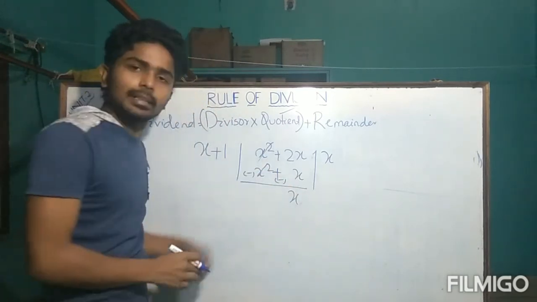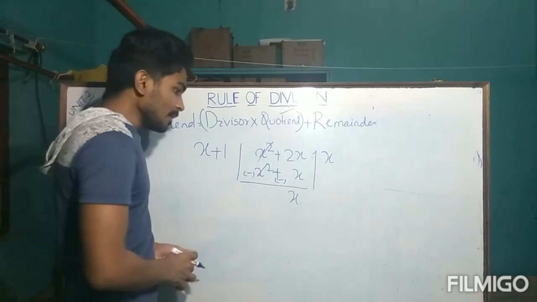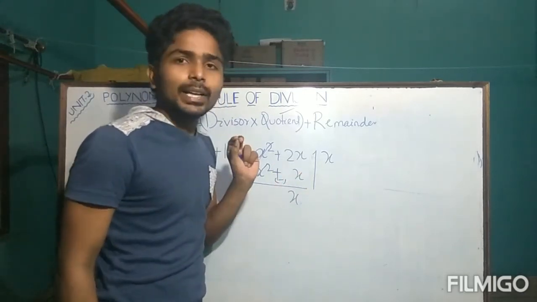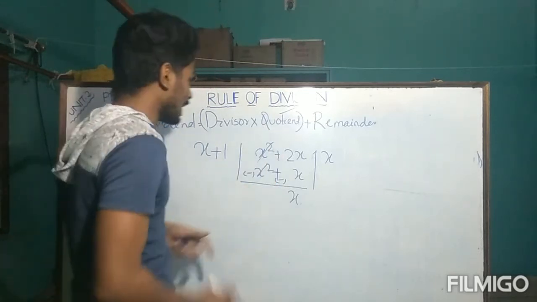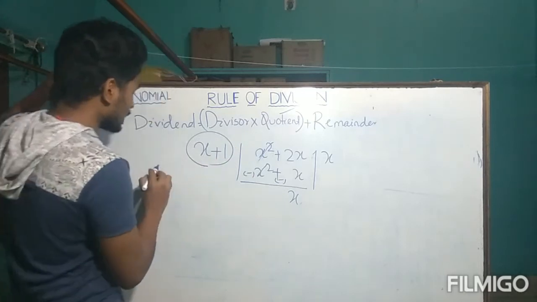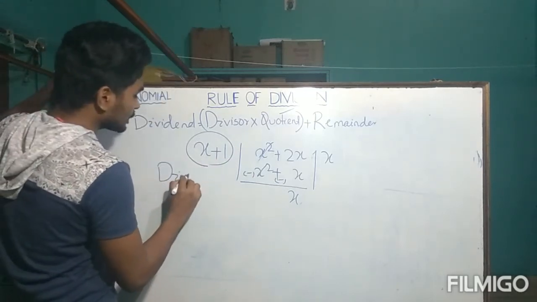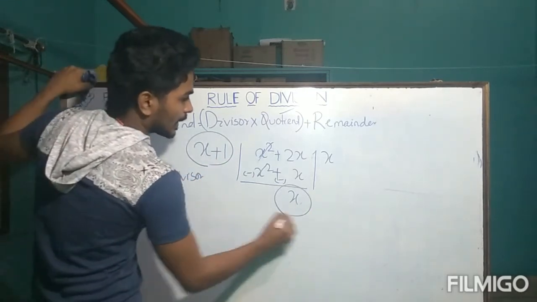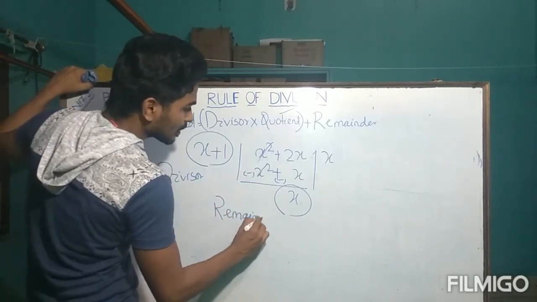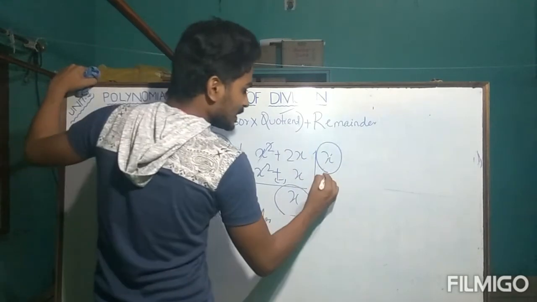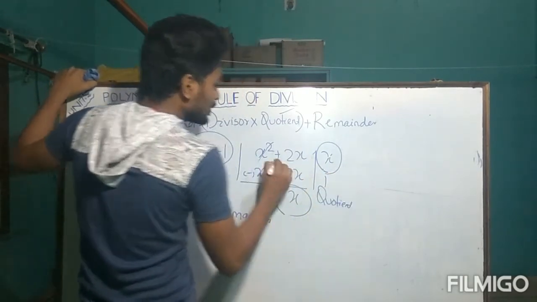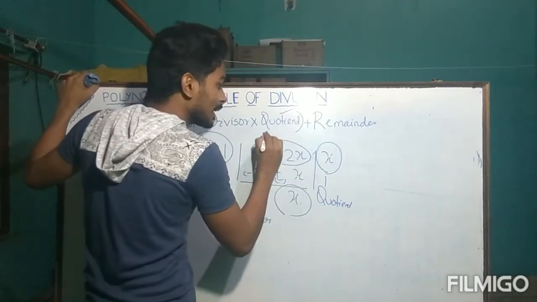So we stop the division here. Why? Because the degree of the remainder is less than the degree of the divisor. So here x plus 1 is the divisor, x is the remainder, and this x is the quotient.